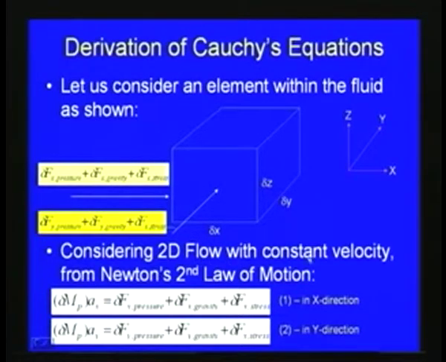If we consider two dimensional flow, we use Newton's second law of motion as we have discussed earlier: mass into acceleration is equal to the algebraic sum of the forces. For this fluid element, the mass is delta mb, and if the acceleration in x direction is ax, then we can write delta mb into ax is equal to delta Fx pressure plus delta Fx gravity plus delta Fx stress.